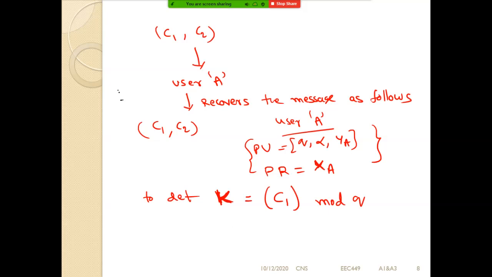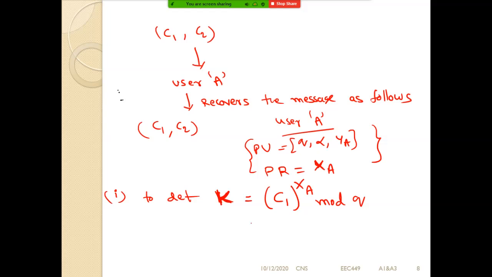So C1 power capital XA. Is it clear? So in the first step of decrypting, capital K will be determined by the user A using the C1, which is one integer in the ciphertext. It is C1 power XA mod Q.